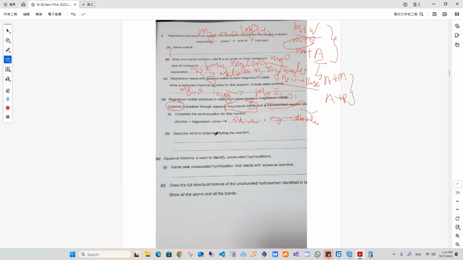Describe what is observed during the reaction. What you observe is gas, liquid, or solid happening. Do you see any spark, any color change? Chlorine is a pale yellow gas bubbled through aqueous magnesium iodide, so iodide in aqueous form.